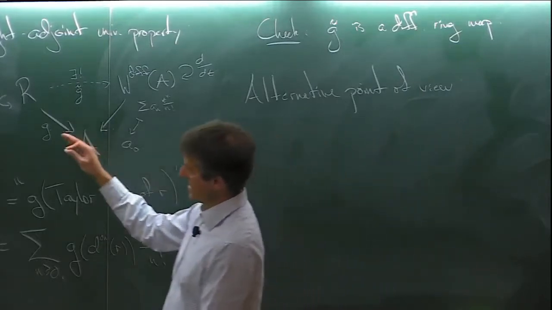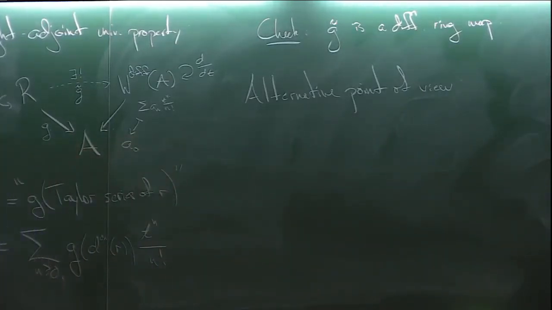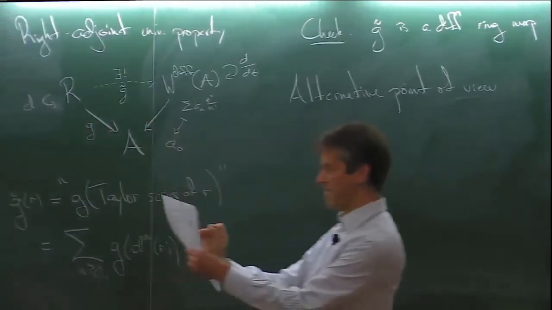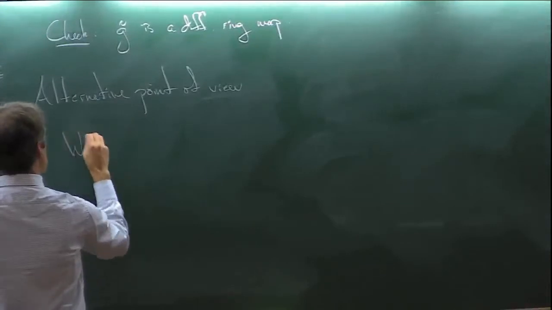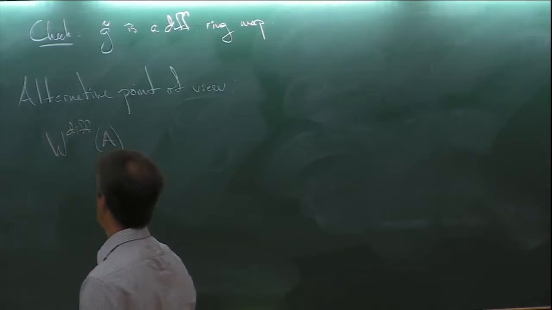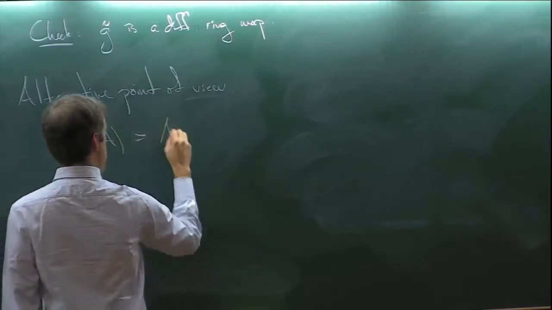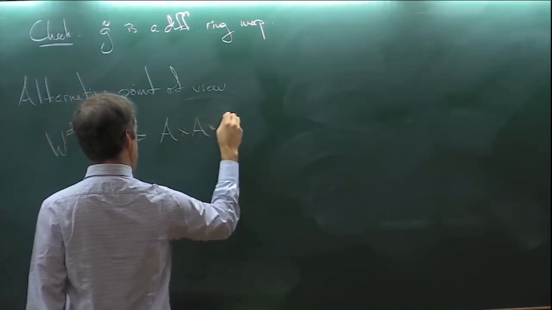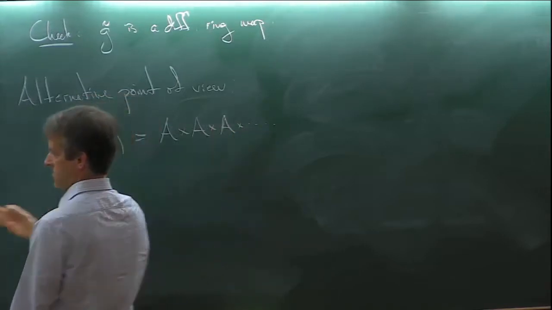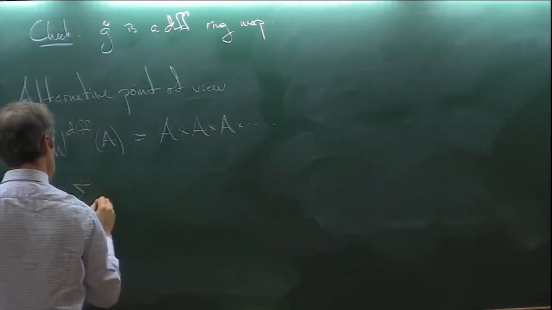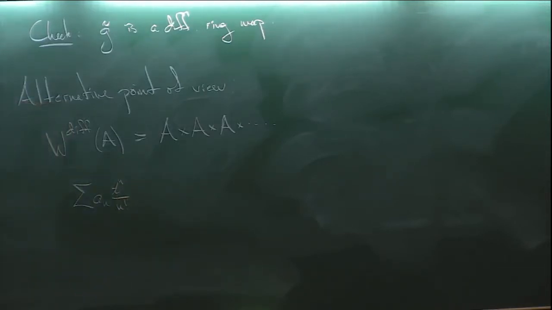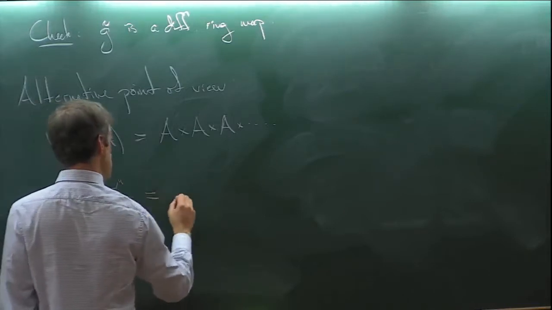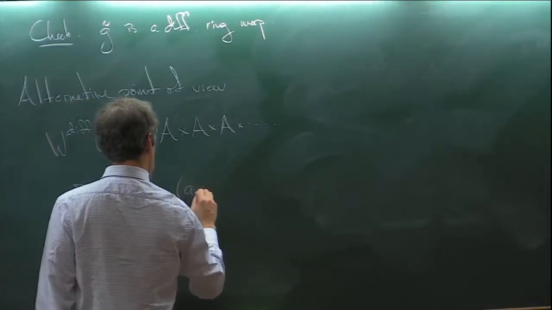So rather than thinking of a power series as a series, I'll just think of it as a vector of coefficients. This is, if you like, a vectorial point of view. So we can think of W diff of A as an infinite product of copies of A, where we're just encoding the coefficients. So the series sum a_n t^n over n factorial is identified, I'll write equals, with the vector of its coefficients.